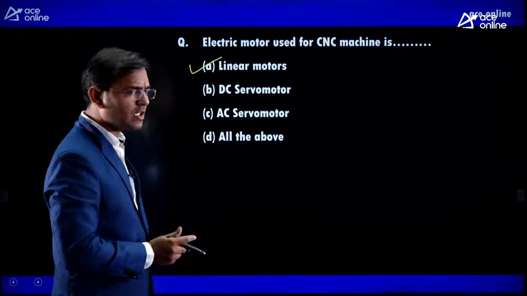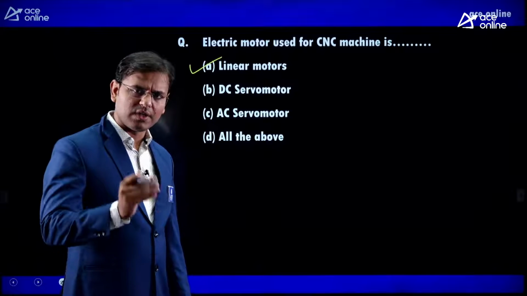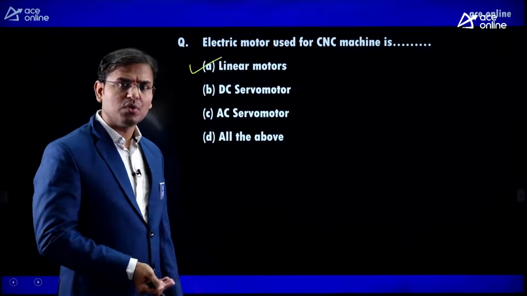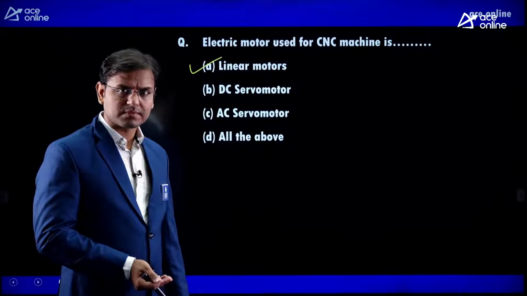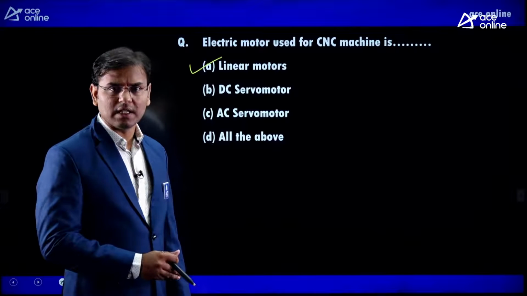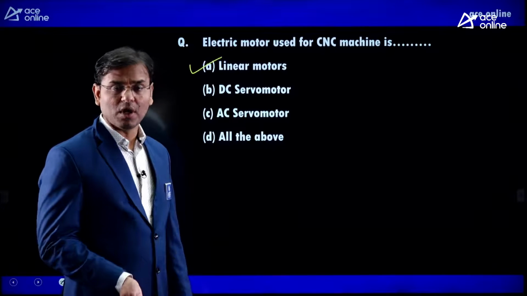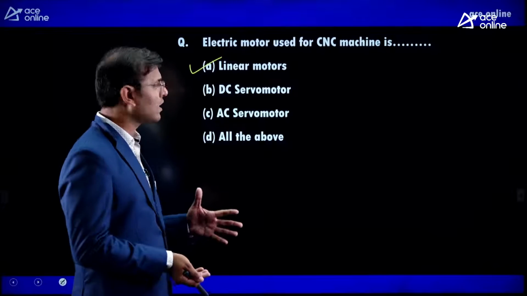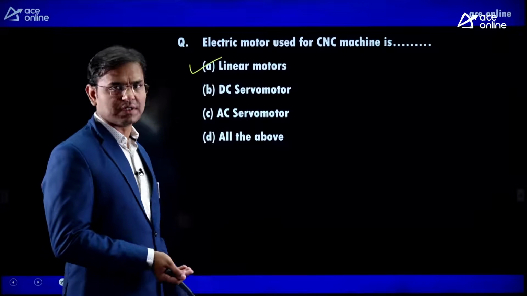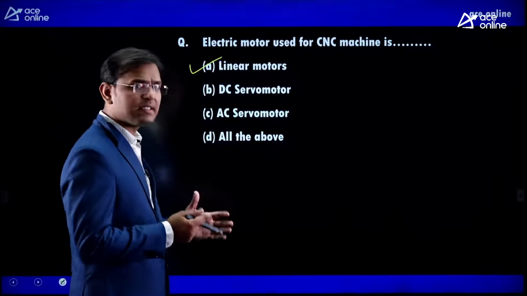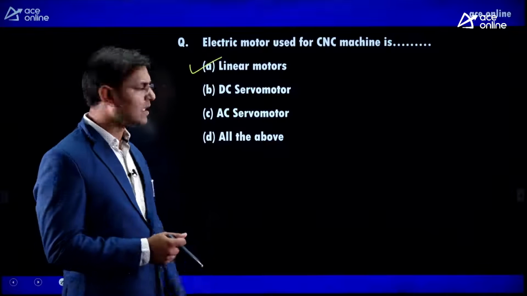Linear motors are used in high speed machines, and they are very accurate. There is no need to use the lead screw and nut assembly, no need to use the preloaded ball screw, we can directly use linear motors for high speed CNC machines. Recently we are using linear motors.